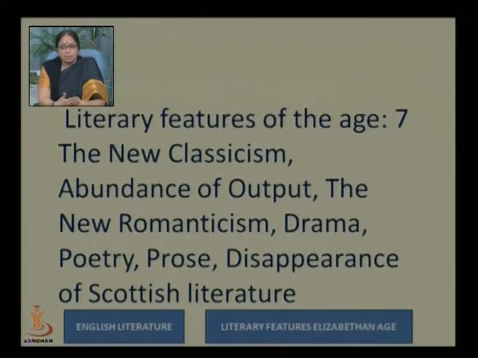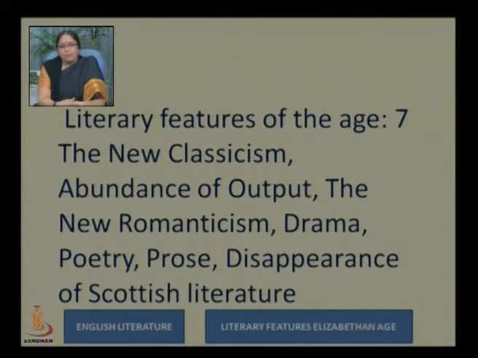A lot of Greek literature has been imitated and reproduced in English literature through various writers who were greatly influenced by the great Greek experts. Therefore, we call it the new classicism.